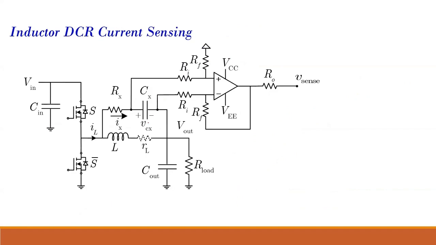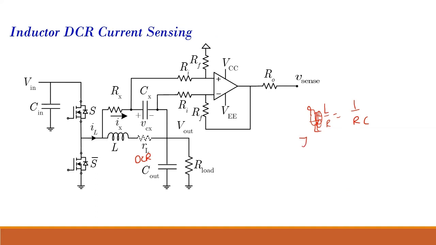Instead, what we do is we use the inductor. The inductor will always have a DCR, the DC value of the resistance of the inductor. So what is important is that R_L upon L should be equal to 1 by RC. No, it will be L upon R, sorry. L upon R will be equal to 1 by RC.